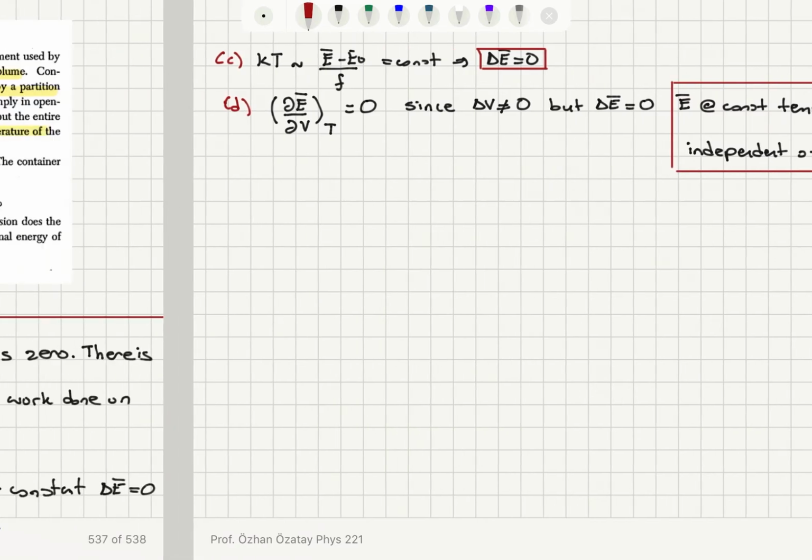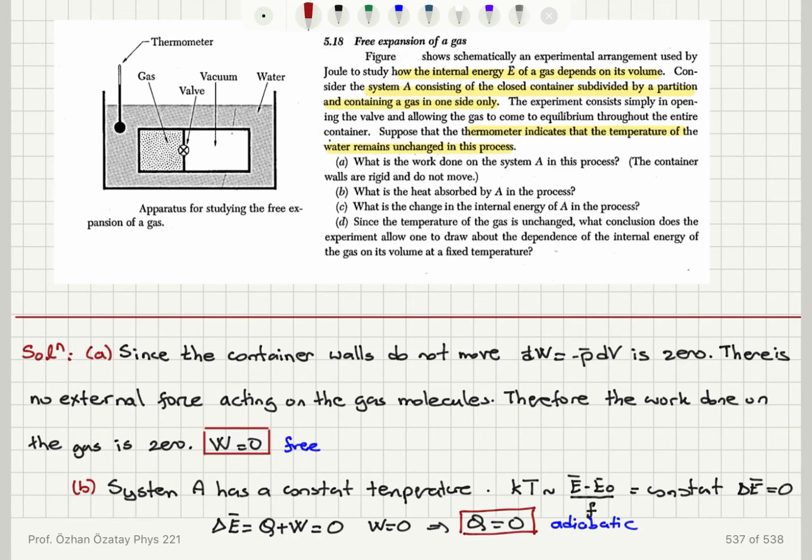So this is the conclusion we can draw from this experiment. And once again, from these observations, since the walls do not move and there is no force acting on these gas molecules, it's a free expansion process. Since the temperature of the water doesn't change, there is no heat exchange between the gas and the water, so Q is equal to zero, therefore it's an adiabatic process. So I recognize this process as adiabatic free expansion of a gas.